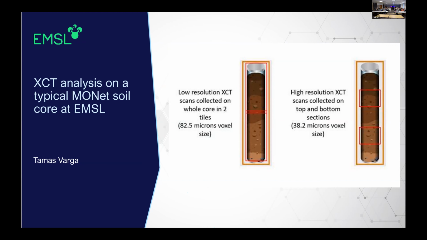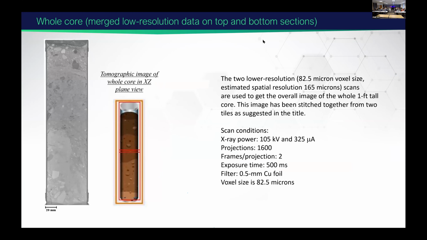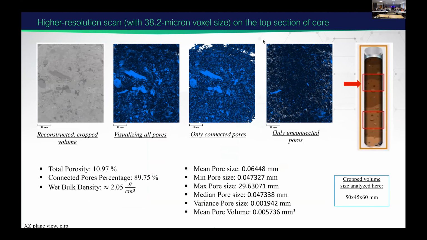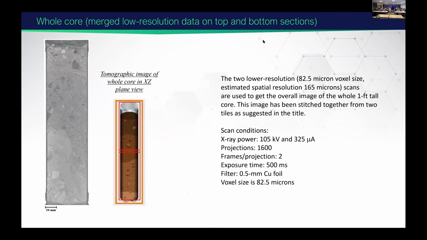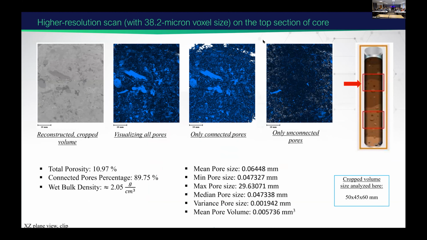Yes. Tamas, I was wondering if you can talk a little bit about what type of data from the XCT will be available to the MONet participants. Is it everything you showed there, or is it a portion of it? Yeah. Our data tutorial this afternoon will get into that, but basically image data and numerical data for not all, but these 4 parameters are included.